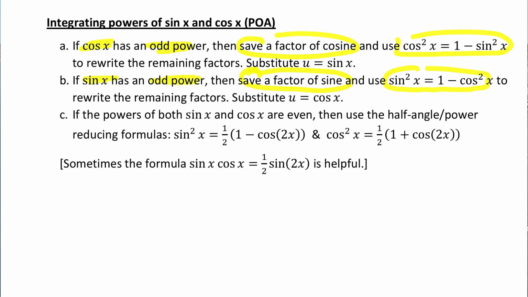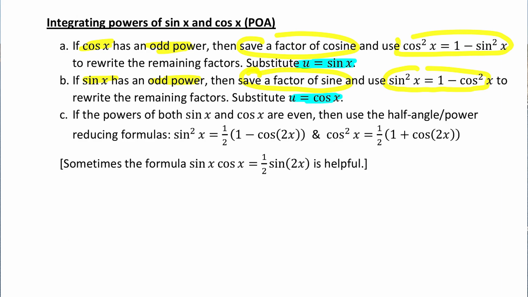If you're saving a factor of cosine and using the fact that cosine squared is equal to 1 minus sine squared, then you use u equals sine of x for your substitution. If you do the opposite, saving sine, then your u will be cosine, okay?